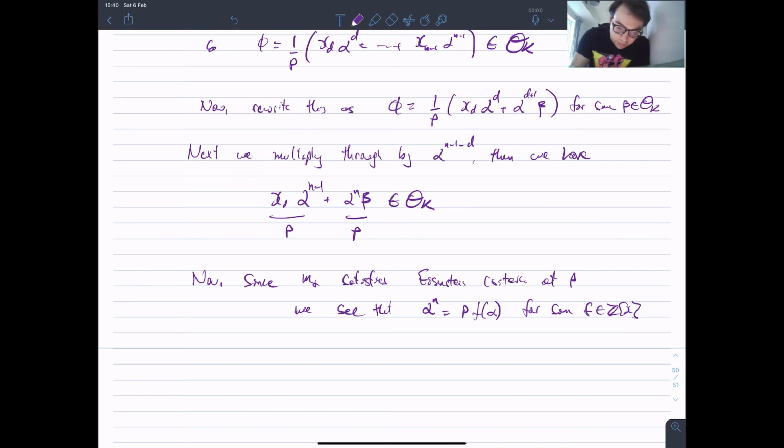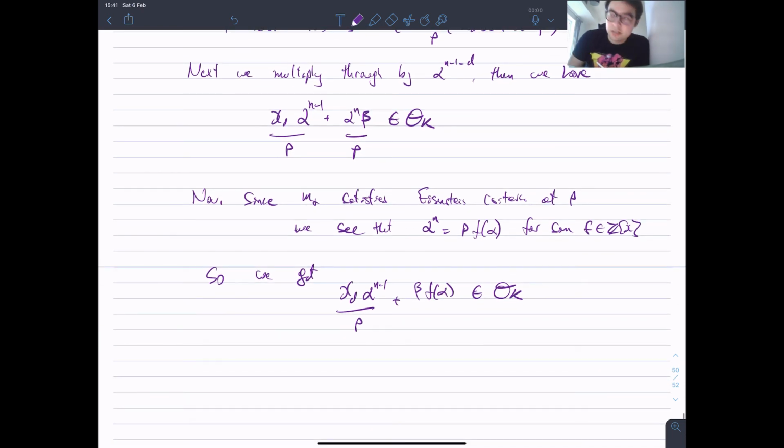Therefore, if you combine, we can plug in alpha to the n into this thing, so we get x_d alpha to the n minus 1 over p plus beta f of alpha. All of this is an algebraic integer, but we know that beta is an algebraic integer, and this is a linear combination of algebraic integers, where f of x is some polynomial in Z of x.